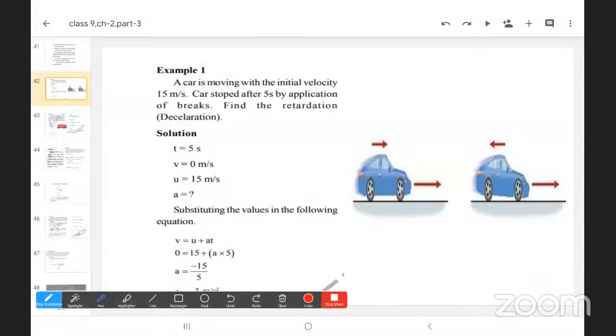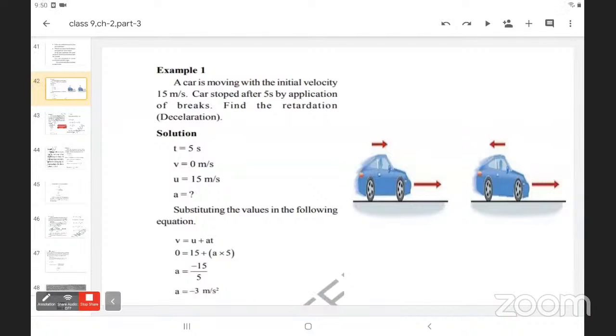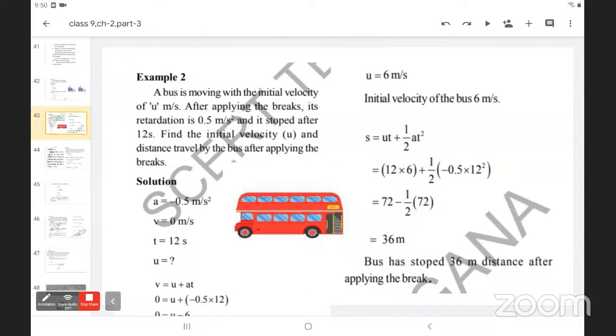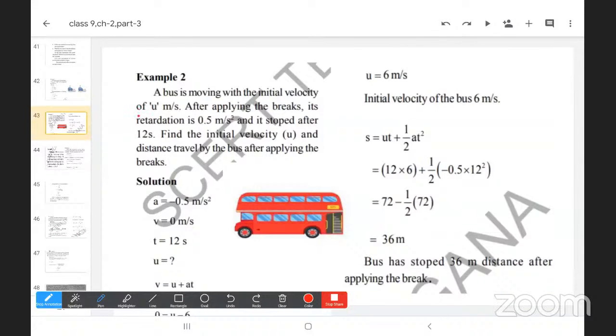Yes, see the next one here. Example 2. Here a bus is moving with an initial velocity of u meters per second. So the initial velocity of the bus is given as u meters per second.